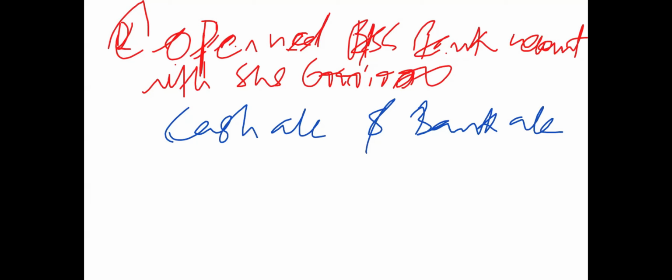So we are going to open two accounts here, the cash account and the bank account. But I'm repeating that if at all we are doing this question as one question, we wouldn't open another cash account because the cash account was already opened in the first transaction.